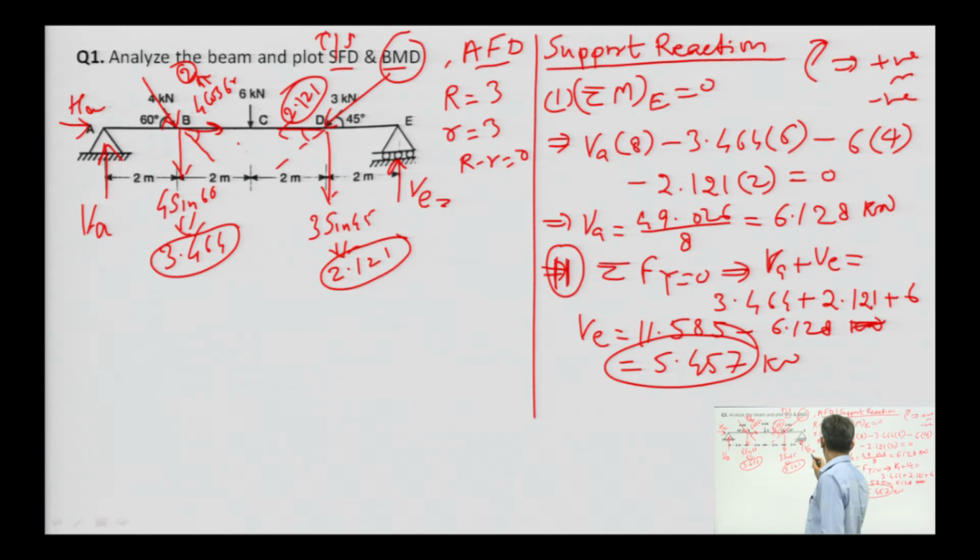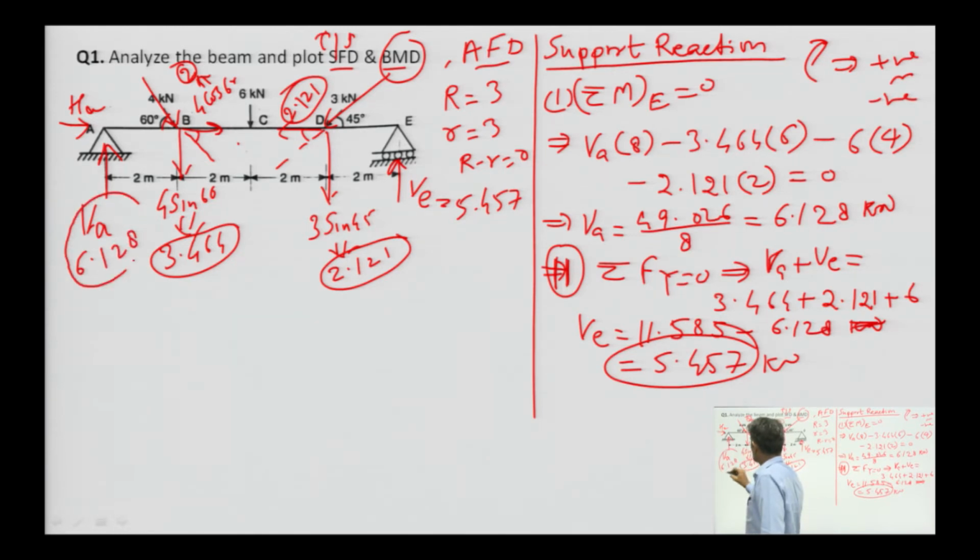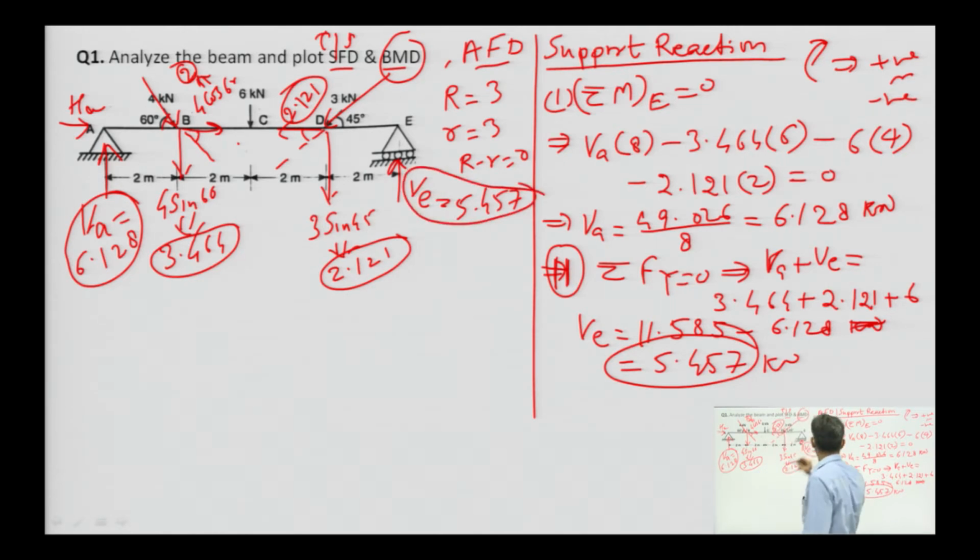So, VE is 5.457, okay, and the value of VA is 6.128. Okay, this value is VA and this value is VE.